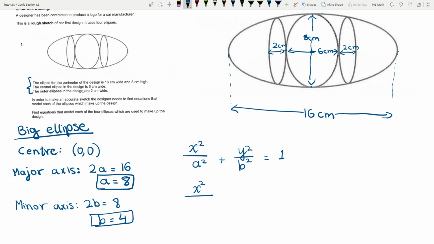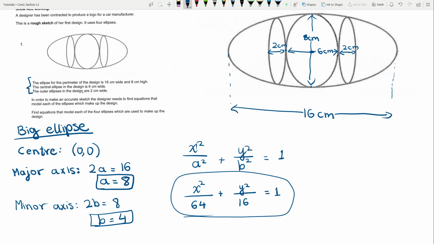A is 8, so if we square 8, it's 64 plus b squared, 4 squared is 16, equals 1. And of course our center is 0, 0, so we just leave x squared and y squared as it is for this one. Yeah, that's the equation for the ellipse.